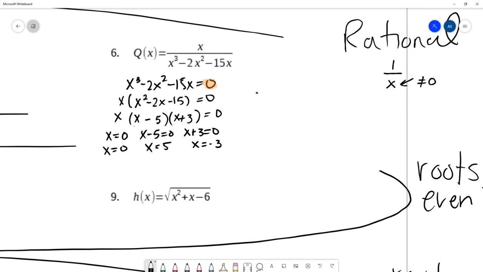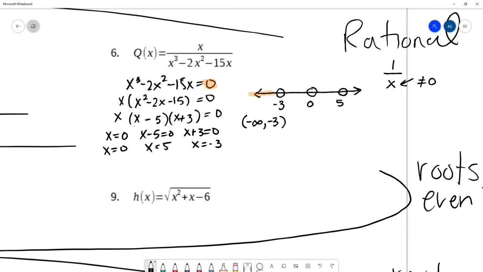So on our number line, we have all real numbers from negative infinity to infinity. And we're going to exclude negative 3, we're going to exclude 0, and we're going to exclude 5. But we're going to include all these numbers that are less than negative 3. So we can write that in interval notation: negative infinity to negative 3.